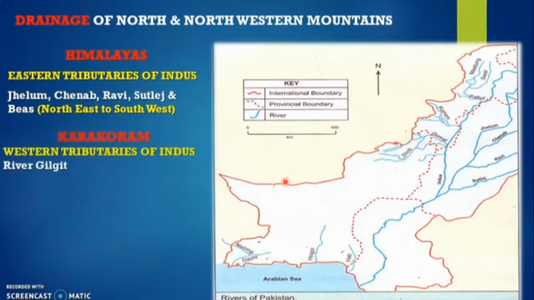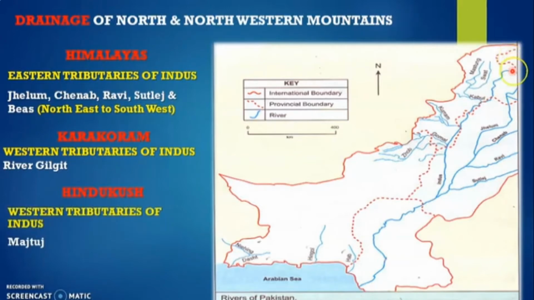The second region we have over here is Karakoram, and that is the western tributaries of Indus, and river Gilgit is basically part of this tributary, which is interlinked with the Indus and falls directly into the Indus. Then we have Hindu Kush, as we discussed in the previous picture, that is in the northwest area of Pakistan, and the major river, or the drainage that we talk about, is Mastuj.